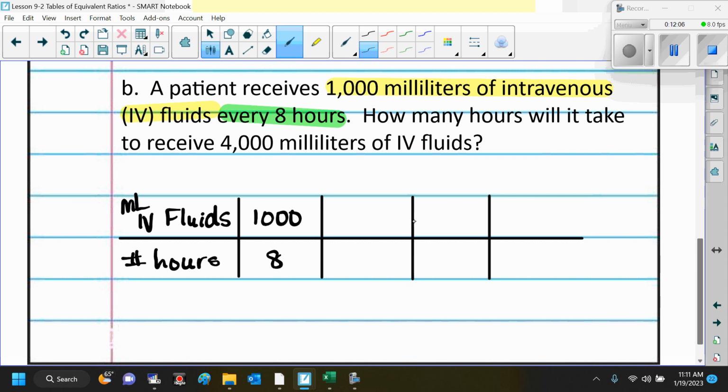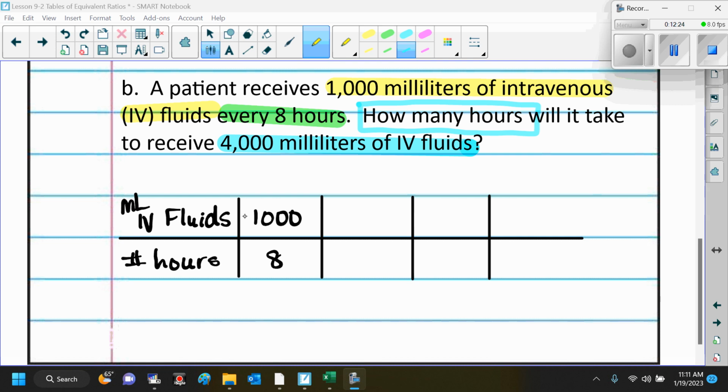Okay? What are we looking for? 4,000. We want to get to 4,000 milliliters of IV fluid, and we want to know how many hours that is going to take. Is everybody clear with that? So, we want to get to 4,000.